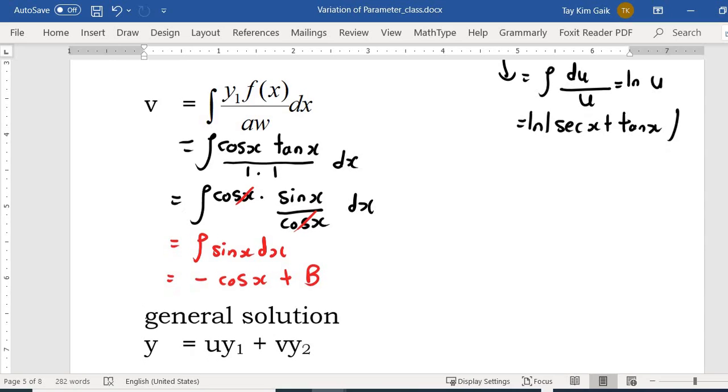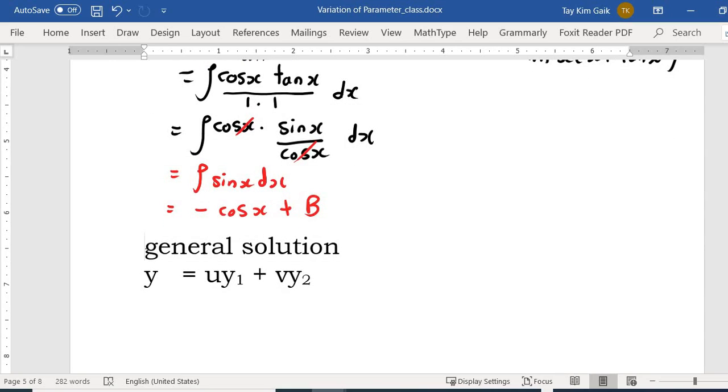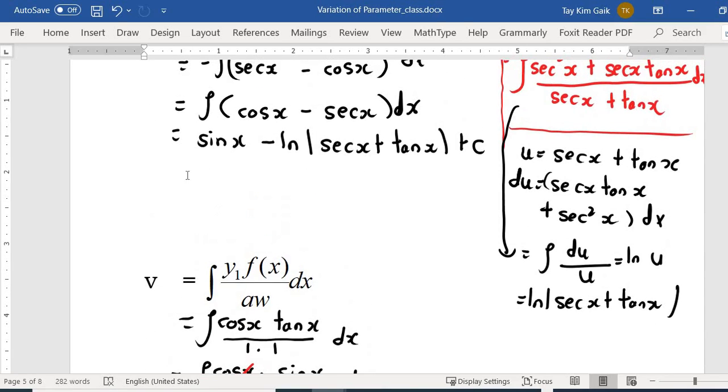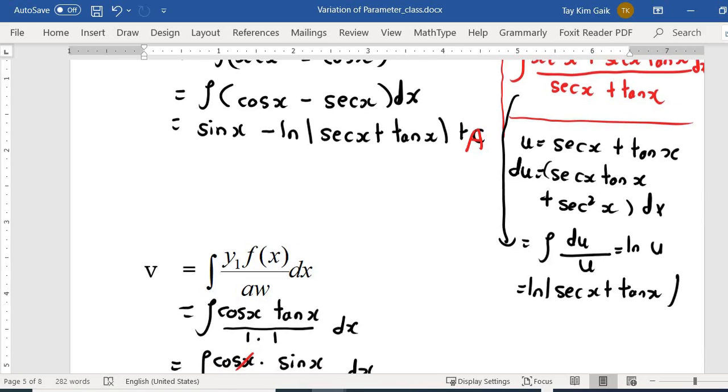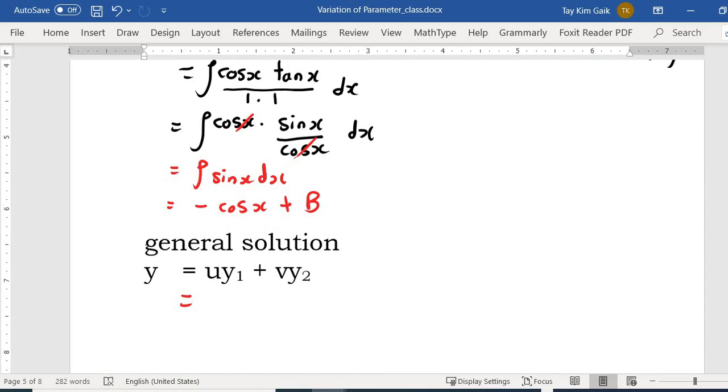So you have already obtained u and v, hence your general solution will be: put back what u is. u is sin x minus ln of secant x plus tangent x, plus a, multiplied by y1. y1 is cos x.